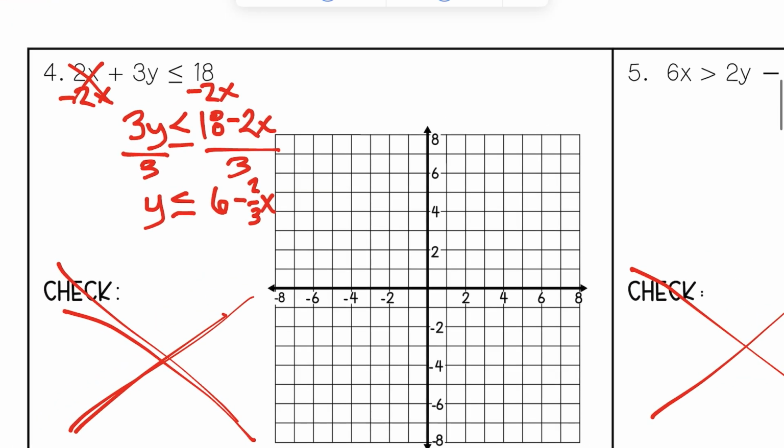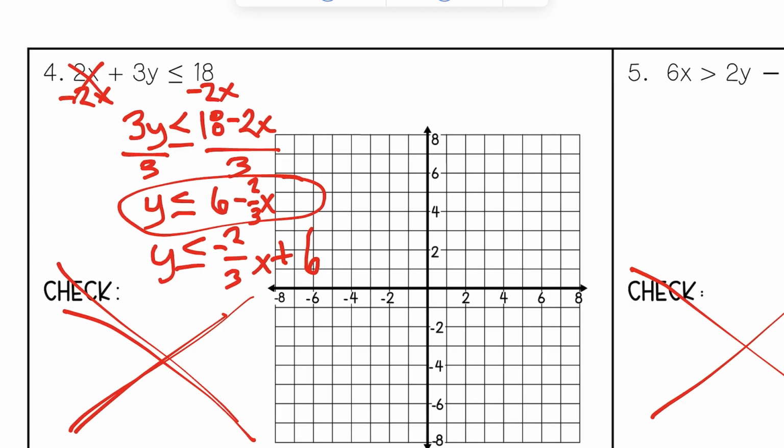Now, to graph this again, you can rearrange it if you want and put it in truly y equals mx plus b form if you like that. There you go. So now it's easier to spot where my y-intercept and my slope are. But if you were happy with this version, then you can leave it like that if you know what to do. But you use, first again, your y-intercept.